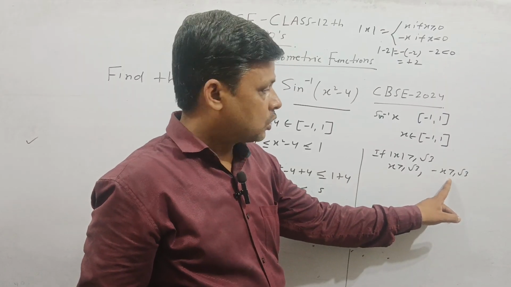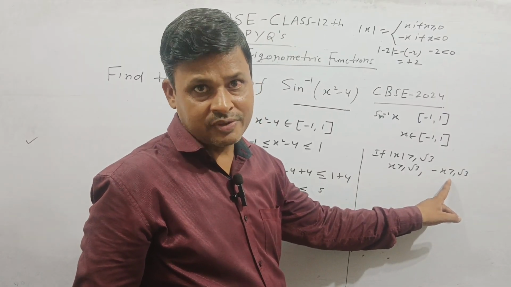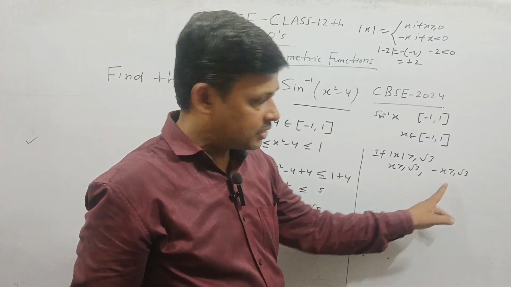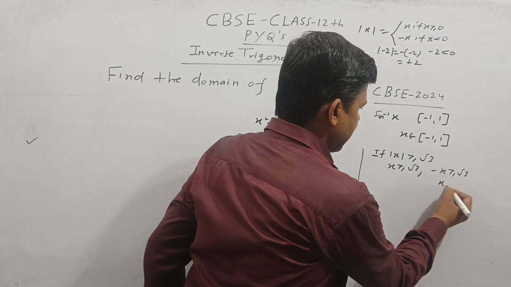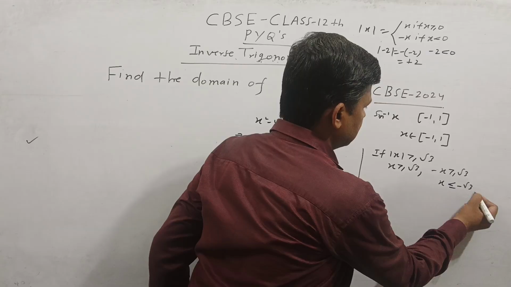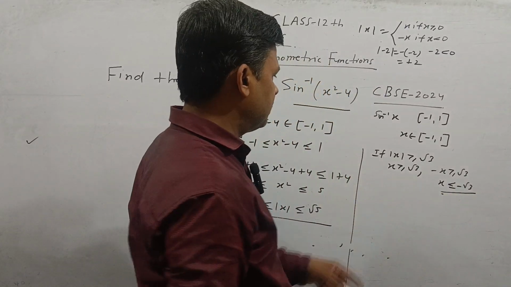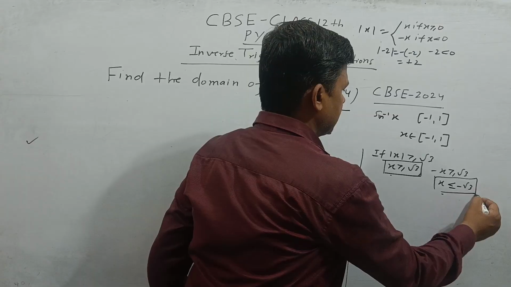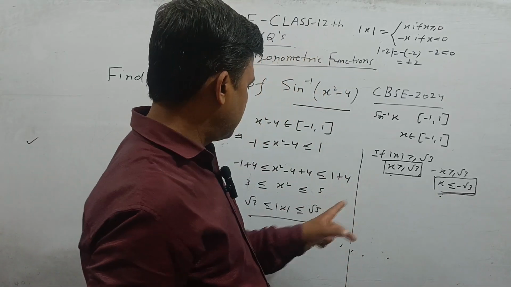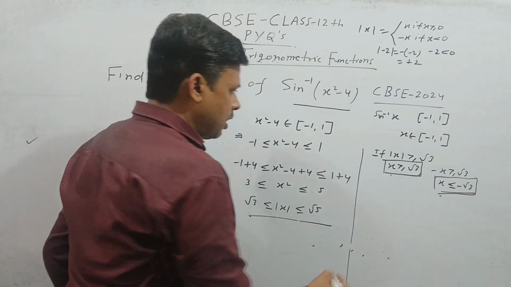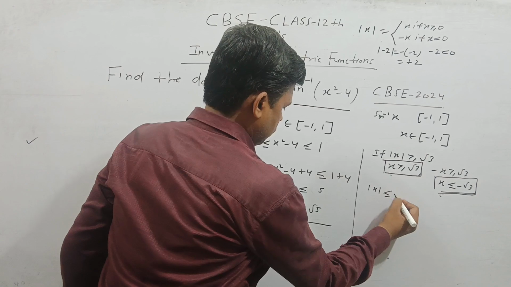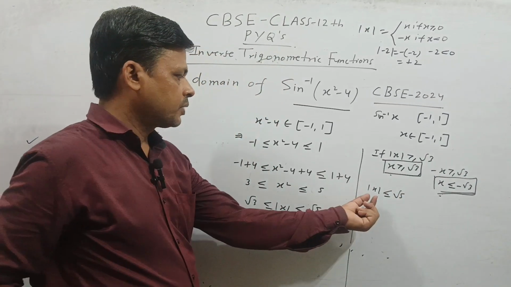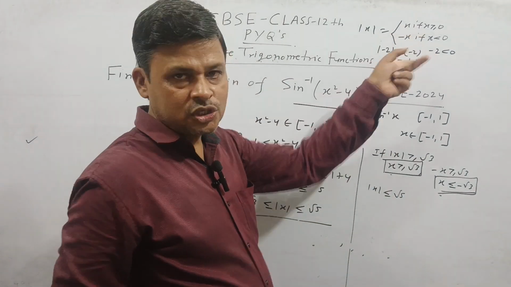It is the rule of linear inequalities you have studied in class 11th. So you get the two results: x is greater or equal to root 3 and x is less or equal to minus root 3. Now when we solve mod x less or equal to root 5, in this way we apply the same situation here.